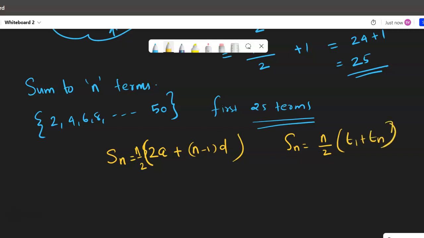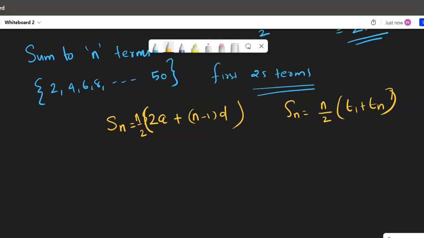Here a and t1 represent the first term, and tn or an represents the last term. So we have two equations. If we know the first term, the last term, and the number of terms, we can use this equation to find the sum to n terms. If you know only the first term, the number of terms, and the common difference, you can use the other equation.